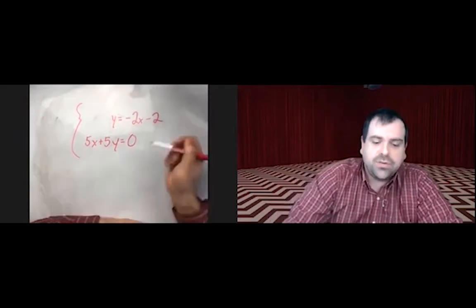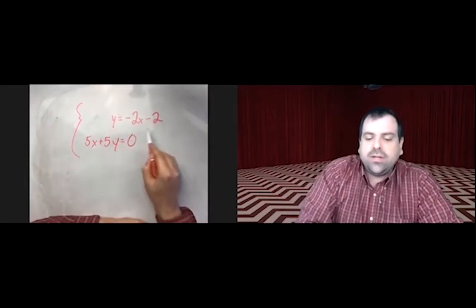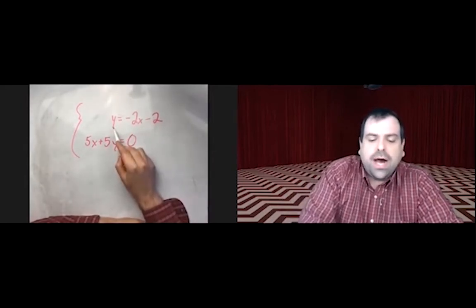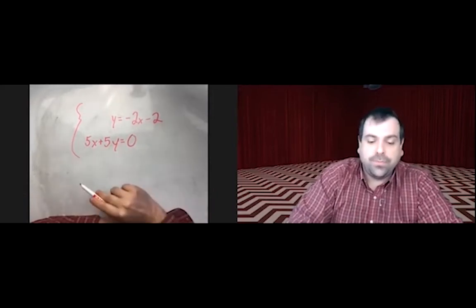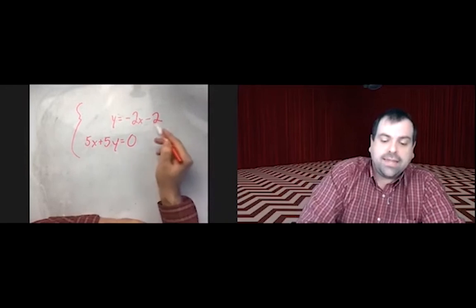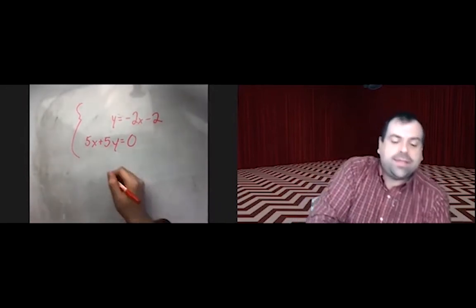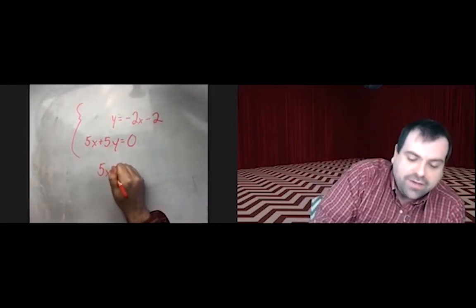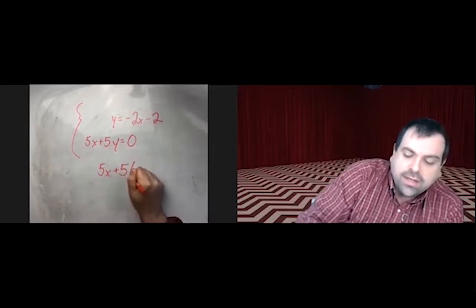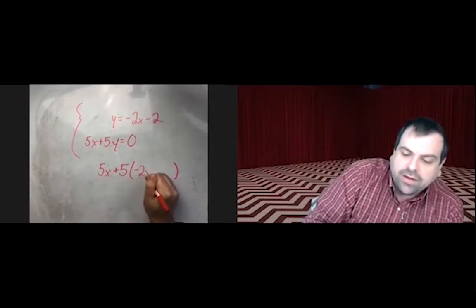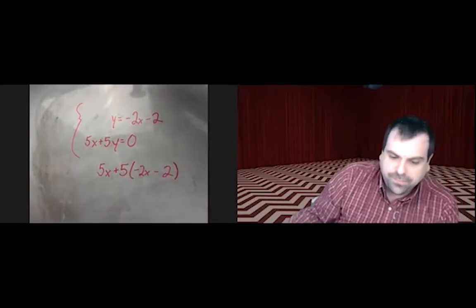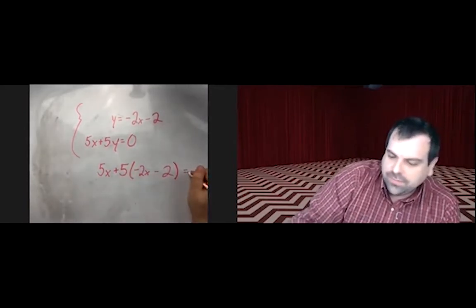We would use substitution because it's very clear here that the variable y can be represented by -2x minus 2. So we're going to take that and plug it in for y in the second equation. So 5x plus 5y becomes 5x plus 5 times (-2x minus 2) equals 0.